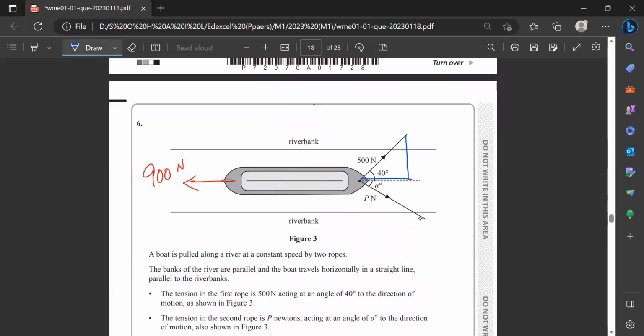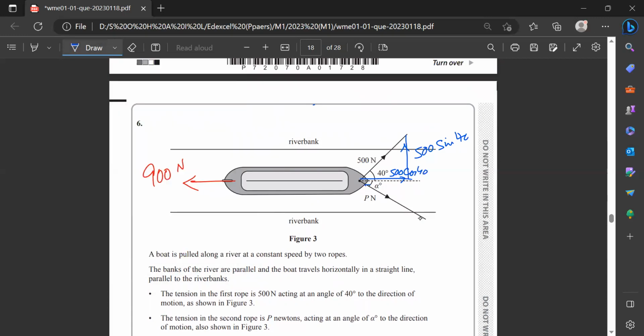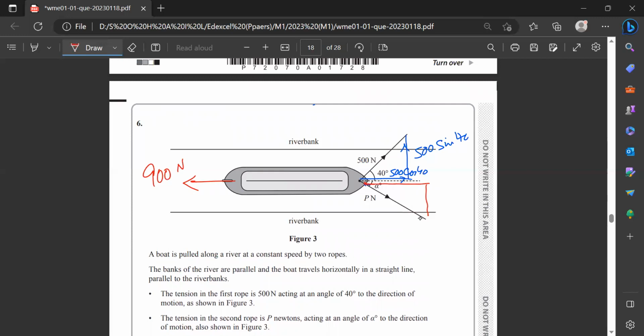So I can resolve the force into components. These two components are there: 500 sine of 40, and 500 cos of 40. For the other, I can show with a different color: P sine of alpha and P cos of alpha.